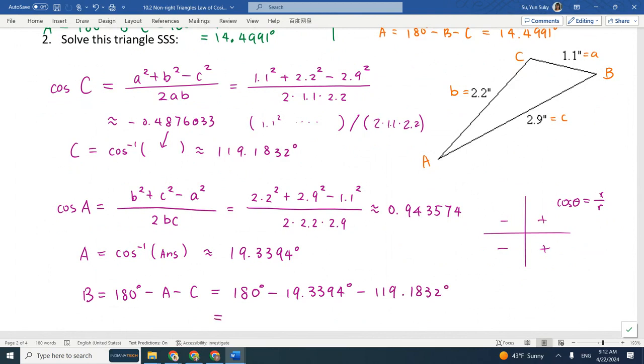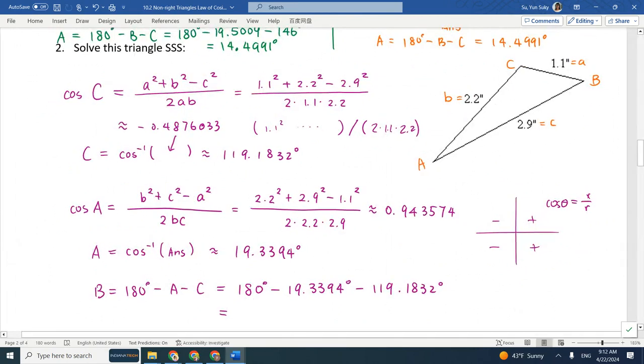Okay, so what do you get? 41.48. How about 2 more decimal places? Like that? Thank you. Do you have the same answer, everybody?